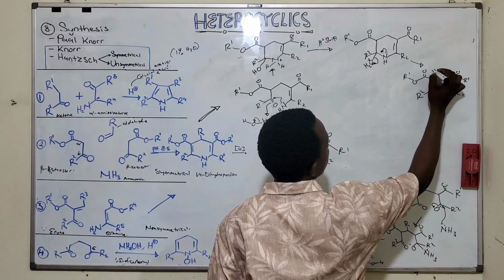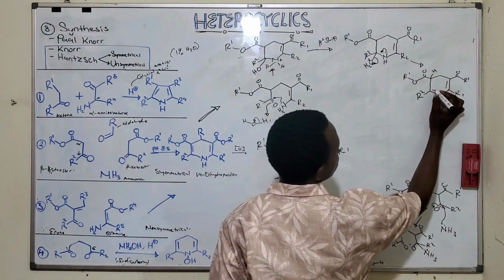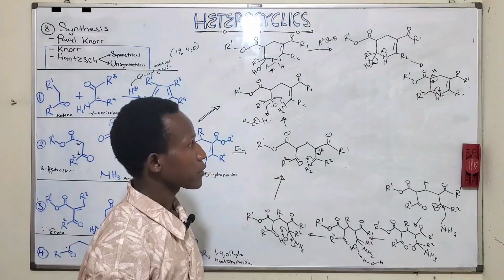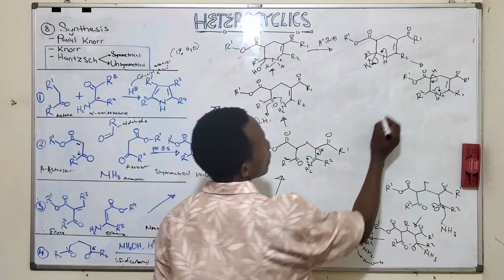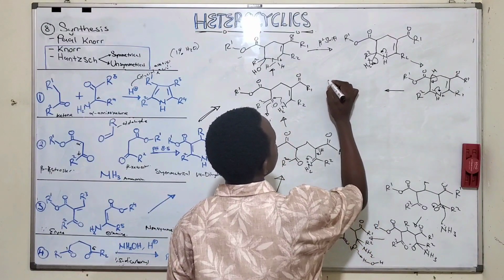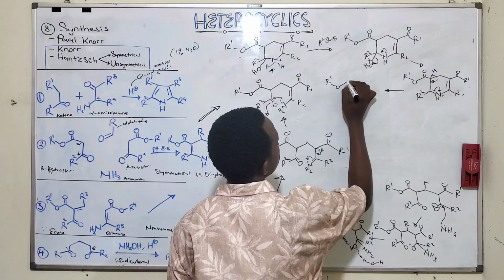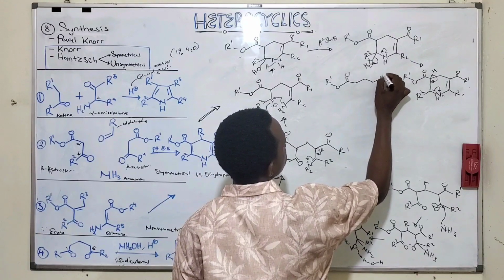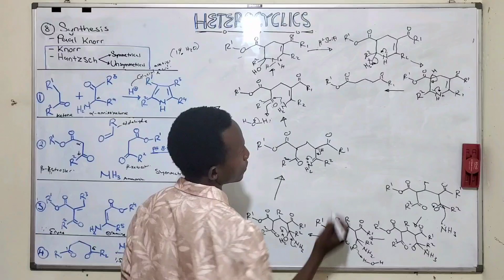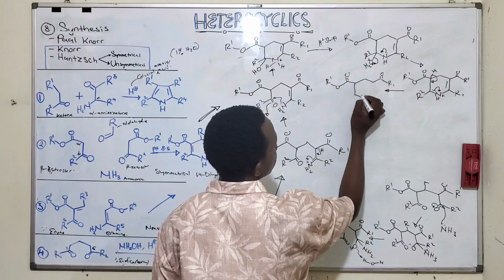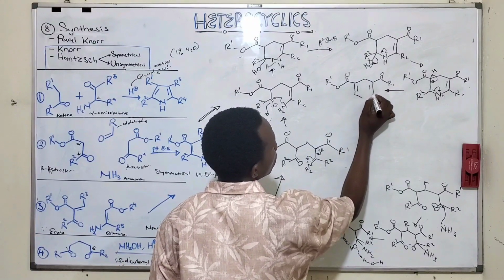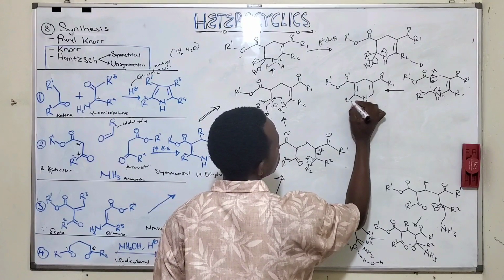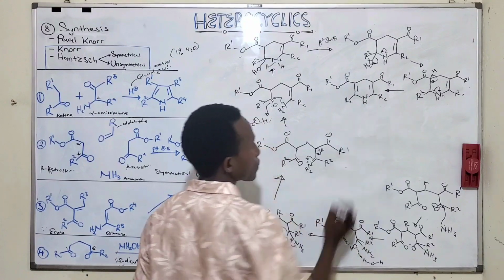Here we have hydrogen. When it pulls electrons back, this one breaks off, creating a double bond there. So we're having this. Here you have formed a double bond, and you have this double bond with NH, R2 and R2.